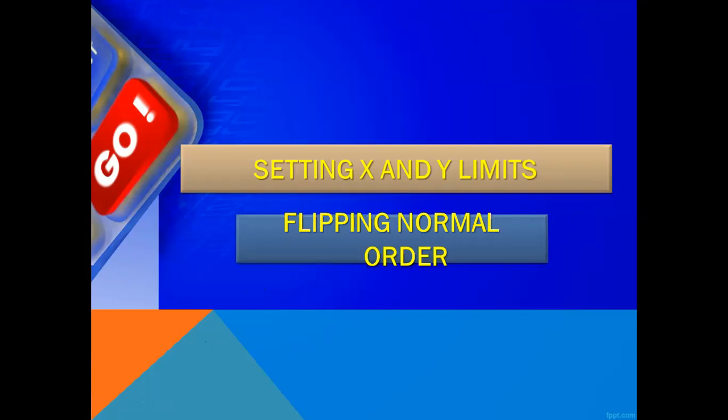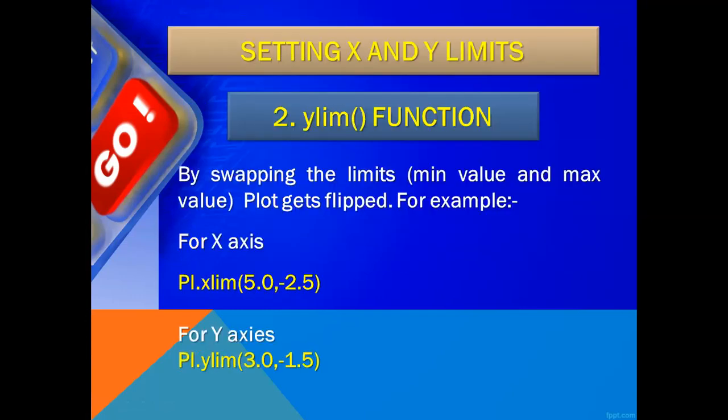And you can flip the normal order. How to do it? By swapping the limits. You can swap the limits, the min value and max value, and the plot gets flipped.